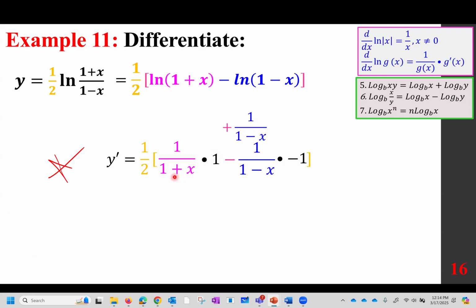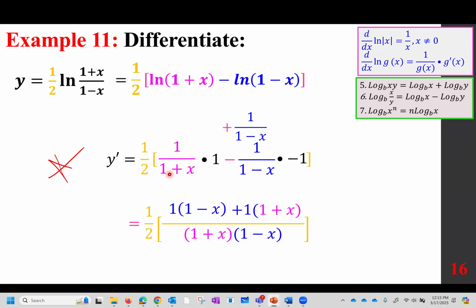Their common denominator, or LCD, is 1 plus x times 1 minus x. So if we keep the 1/2, the common denominator is 1 plus x times 1 minus x. So this one would be 1 times 1 minus x. This one would be 1 times 1 plus x.